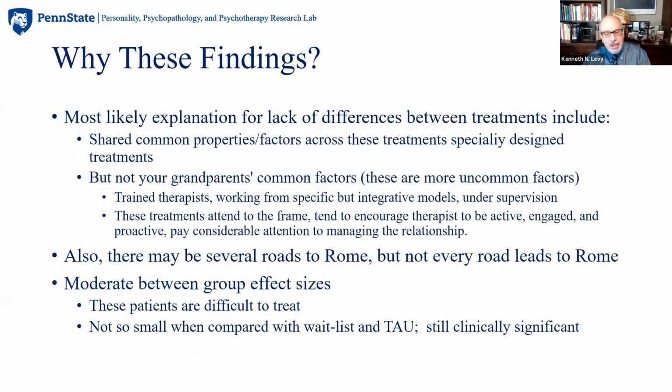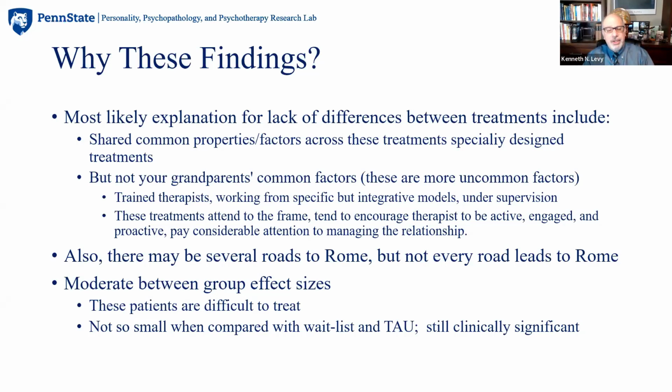I call them uncommon common factors because they're not the same common factors that might exist for the treatment of depression or anxiety, but they are similarities between the various treatments. All of them use trained therapists working in specific but integrative models under supervision. They all set frames.